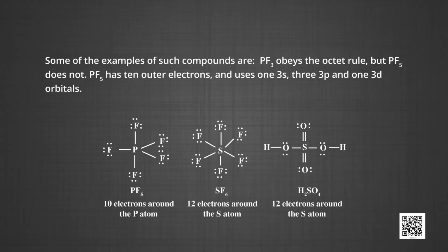Some of the examples of such compounds are PF3 that obeys the octet rule, but PF5 does not. PF5 has 10 outer electrons and uses 1 3s, 3 3p and 1 3d orbitals.